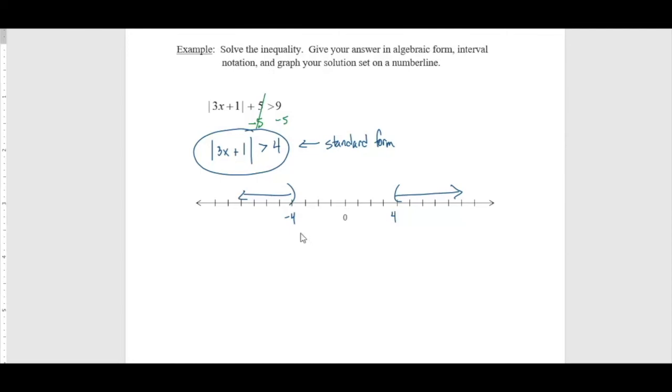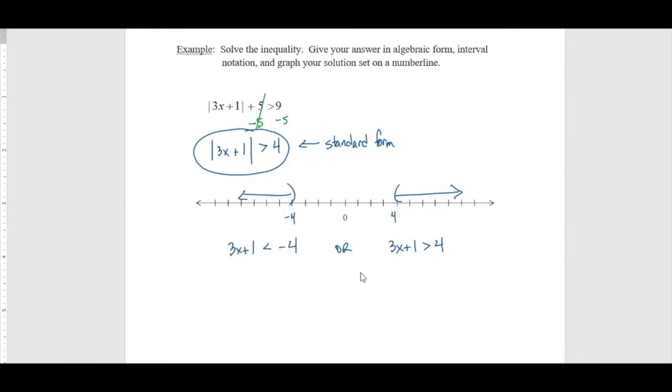And again, this picture will tell us exactly how to set up the two inequalities that we need to solve. This expression inside the absolute value must be less than negative 4 or greater than positive 4. So the picture tells you everything you need to set up the two inequalities.